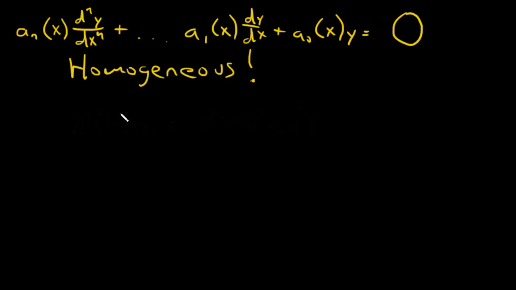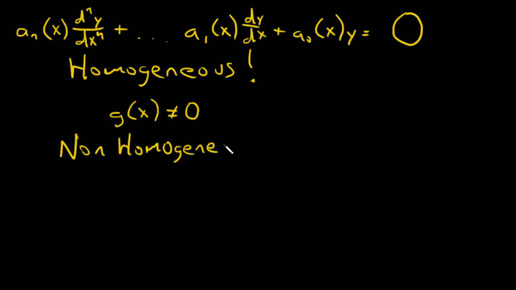And if g of x is not equal to 0, then I get to call that non-homogeneous. Very unsatisfying, to be honest. I wish it had its own name, but it doesn't. It's just non-homogeneous.